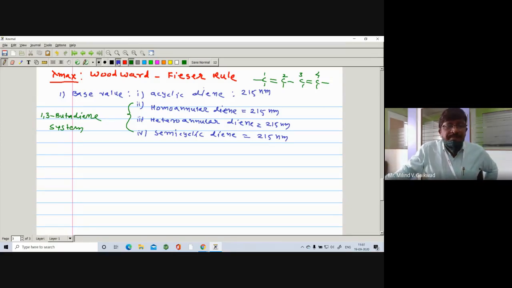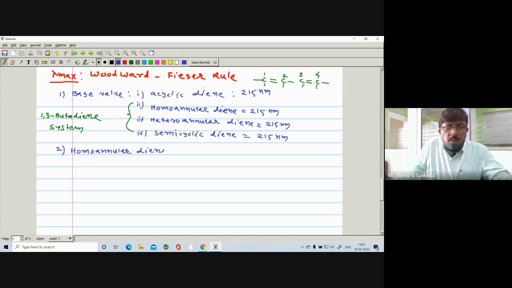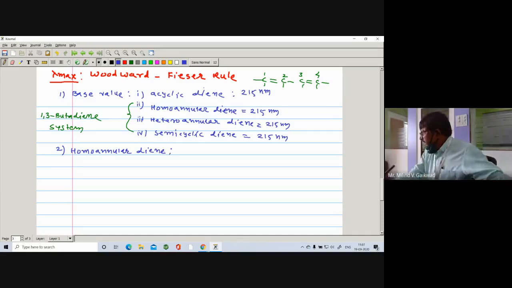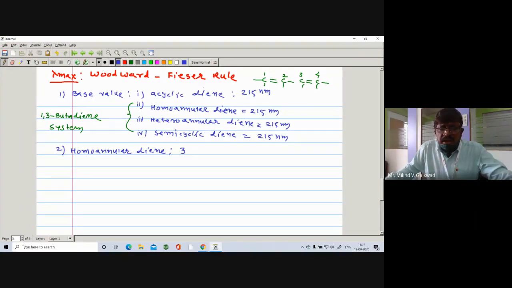Now next, you have to find out whether the two pi bonds are present in the same ring. Means if it is an example of a homoannular diene, in that case you have to add an extra 39 nanometer.